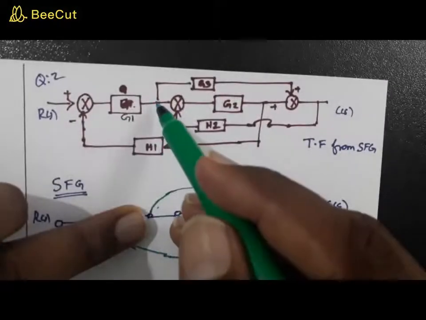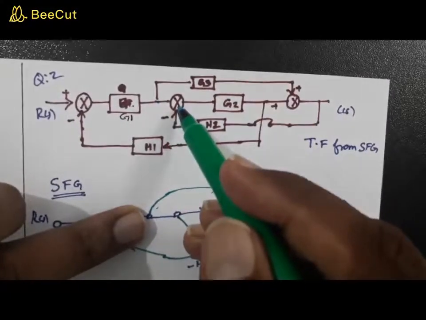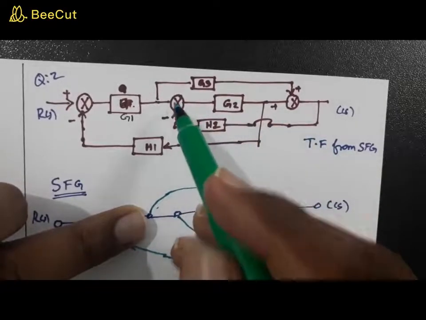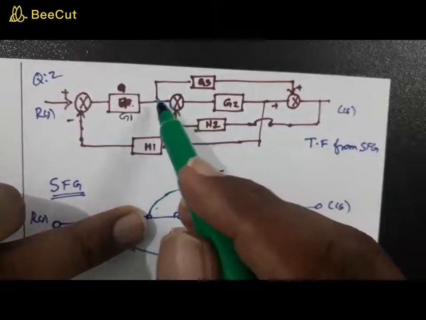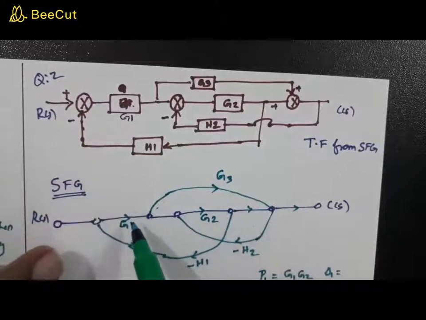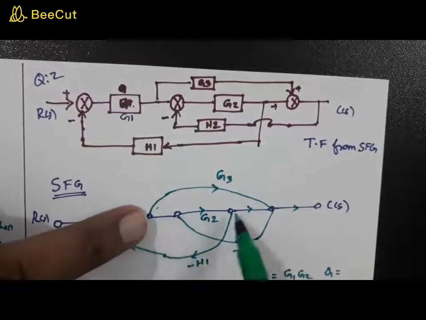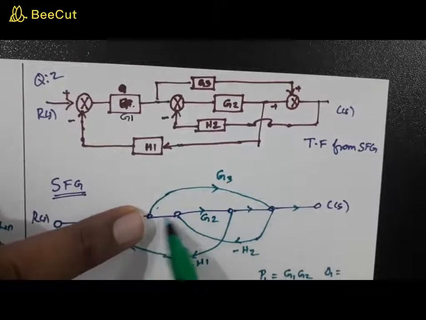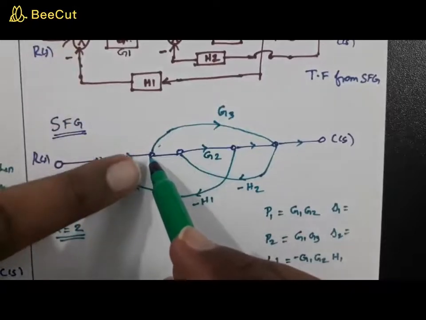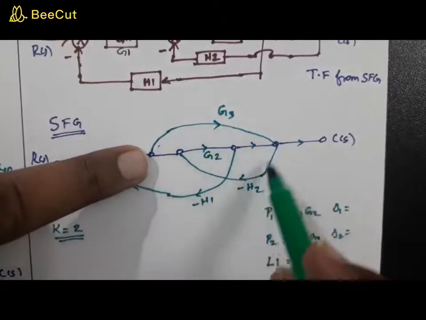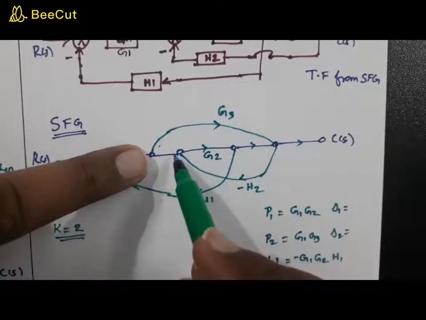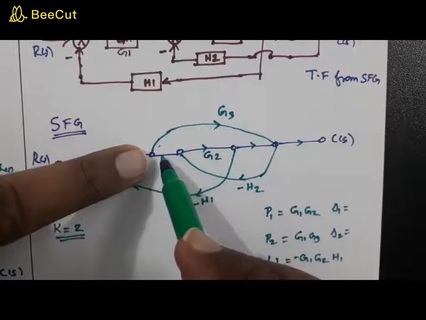The reason is, here the signal is a different signal. When it comes over here, you are having a different one. So wherever the signal changes, you can put a node. If it had been the same node, there would have been a loop, right? A signal that comes over here could come over here. But since these two nodes are different, you cannot say that a signal passing through this point will reach over here. So these are two different points, and hence there is no chance of a loop there.